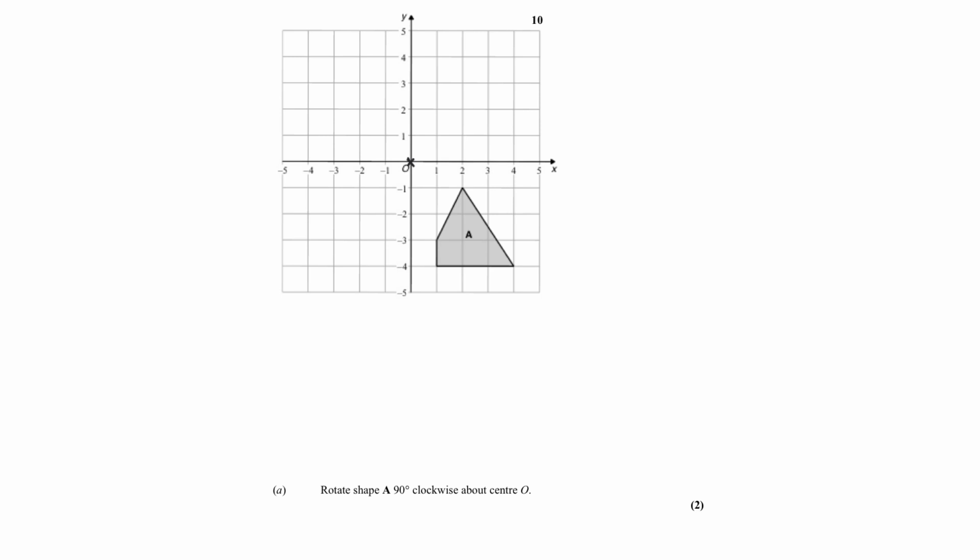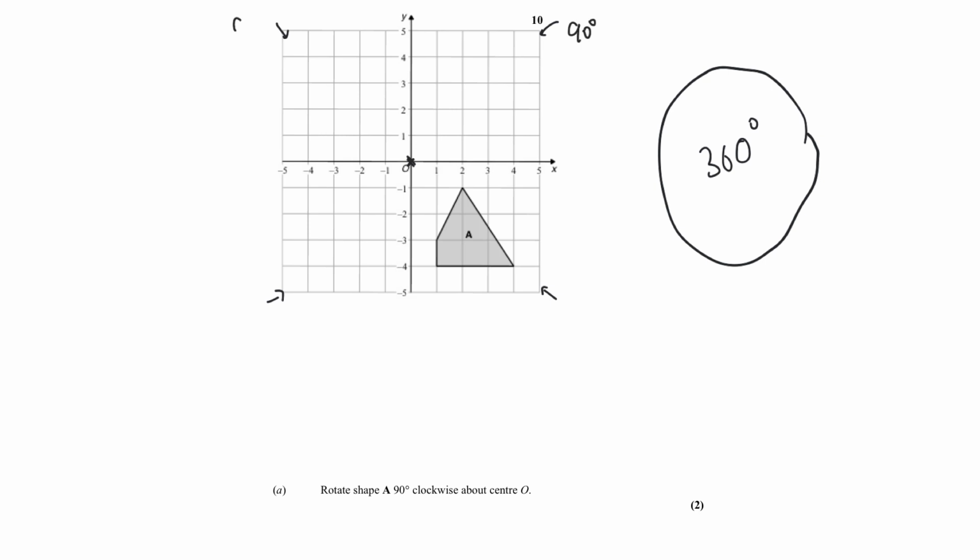And if it says 90 degrees clockwise, the best way I always remember when it comes to rotations is notice how on a graph you've got 4 different quadrants. We know that if you go around something clockwise, i.e. in a circular motion, it adds up to 360 degrees. Now, when you're rotating around the center, it's nice to think if you split them all up as 90, 90, 90, 90.